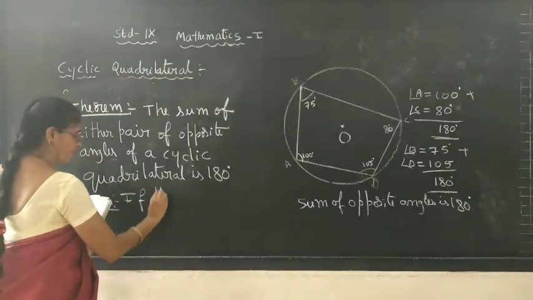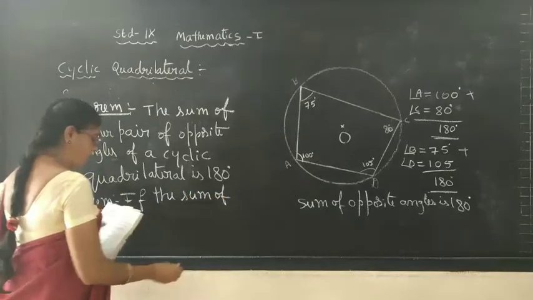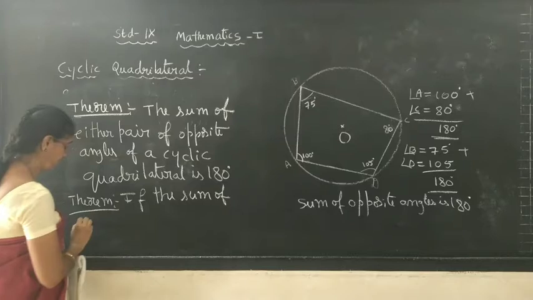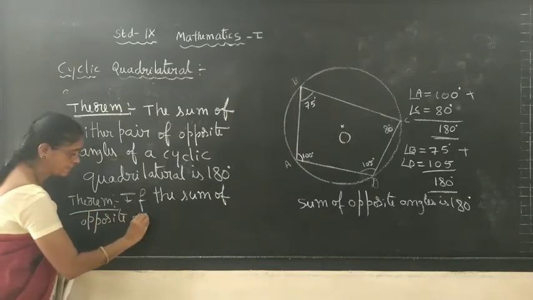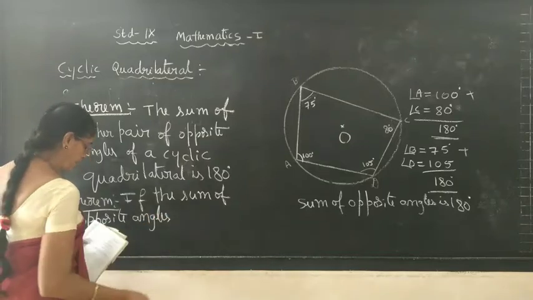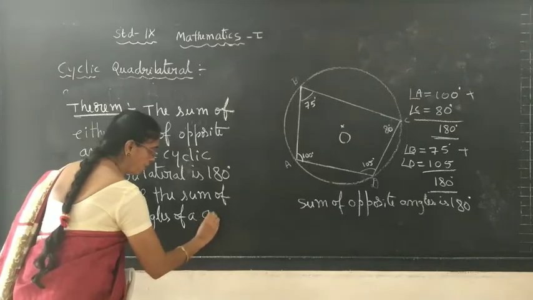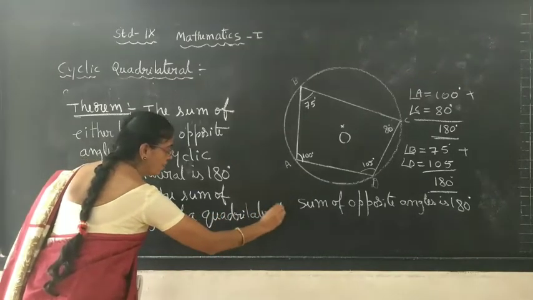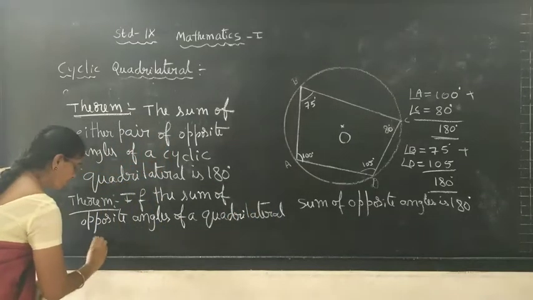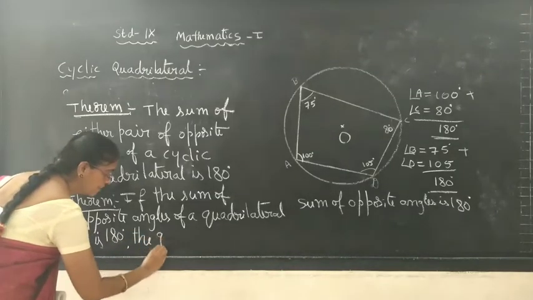So we will write the same thing in a converse way. If the sum of opposite angles of a quadrilateral is 180 degree, the quadrilateral is cyclic.